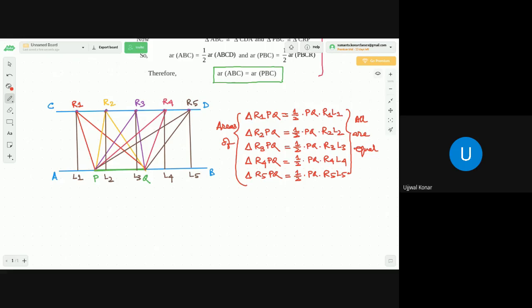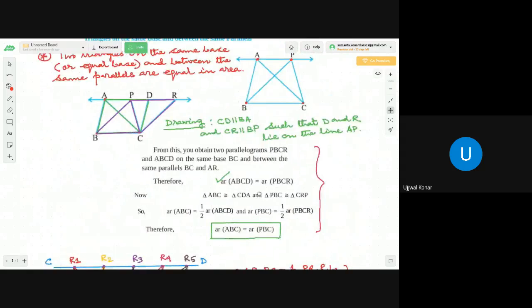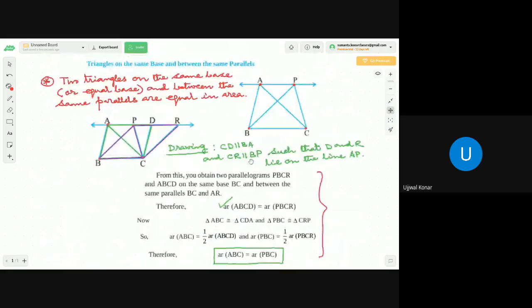So now, dear students, before I proceed, let me recap once more that if we have multiple triangles on the same base or equal base, I didn't emphasize on the equal base, I'll come to it after some time. So if we have multiple triangles on the same base and between the same parallels, then areas of all these triangles are equal to each other.